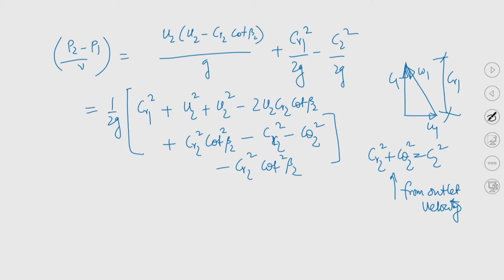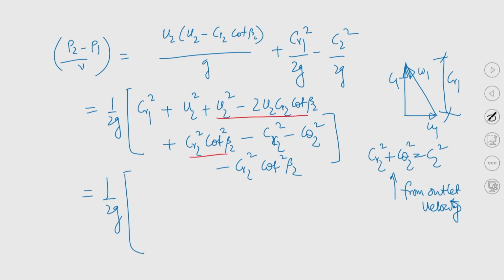So, finally, we can write this quantity 1 by 2g. You can see now, if I use a different color, this and this.